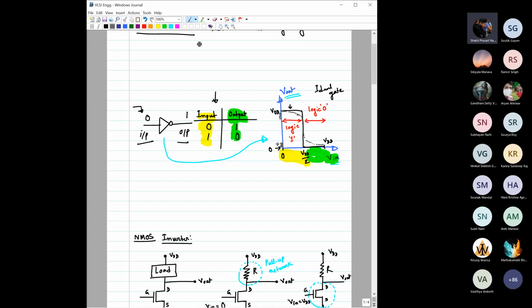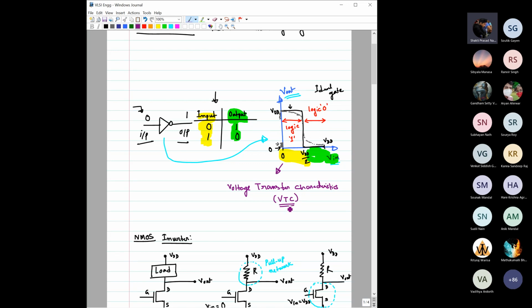Now, this particular plot we have drawn here is the V output versus V input characteristics. This is called the voltage transfer characteristics, or in short, VTC.